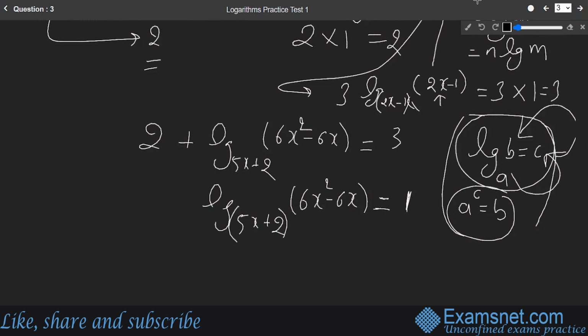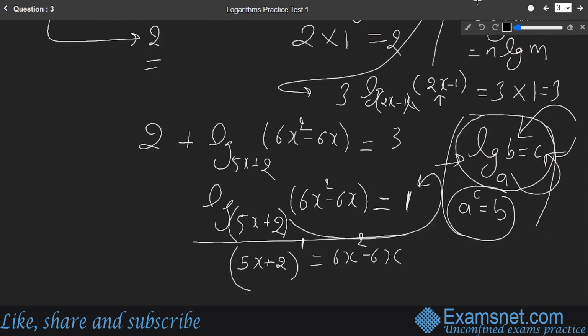So this whole expression can be written as (5x plus 2) to the power 1 is equal to 6x square minus 6x.